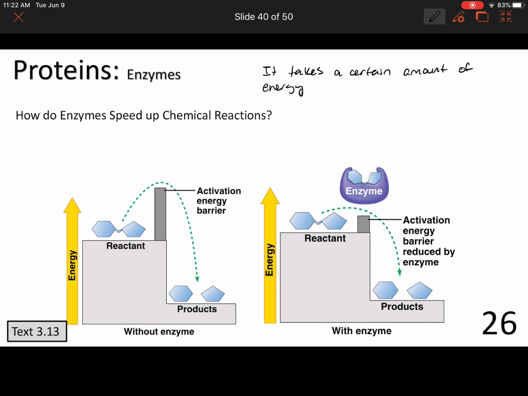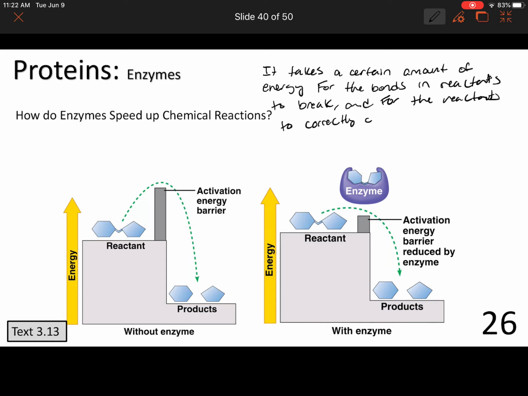So we'll say it takes a certain amount of energy for the bonds in the reactants to break, and for the reactants to correctly orient themselves.